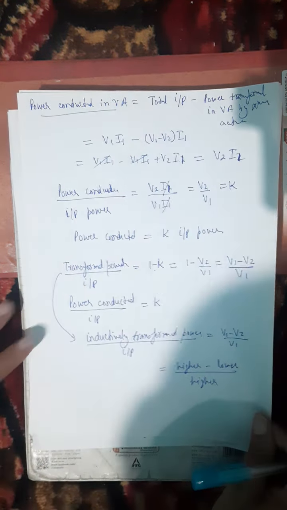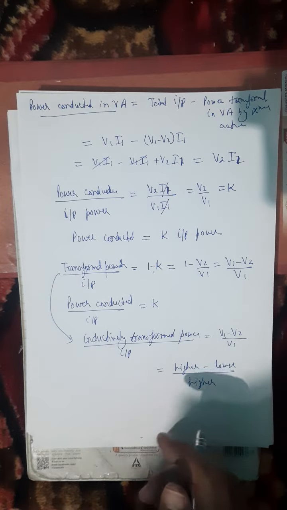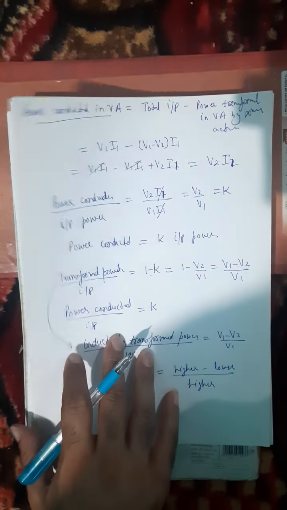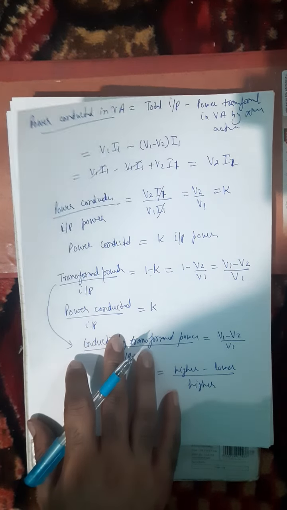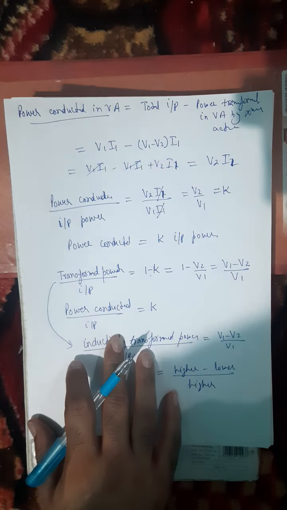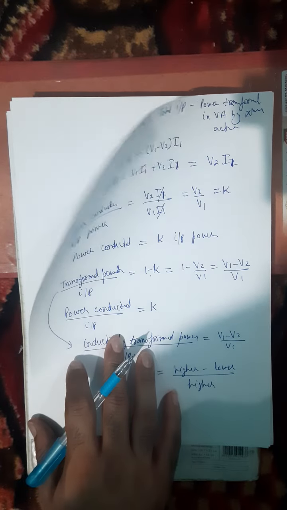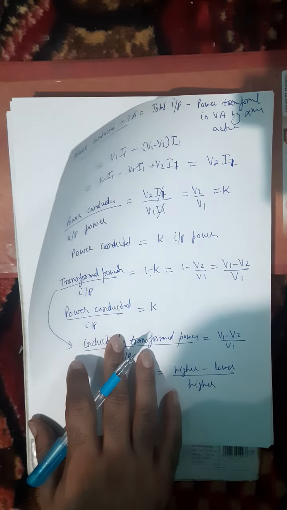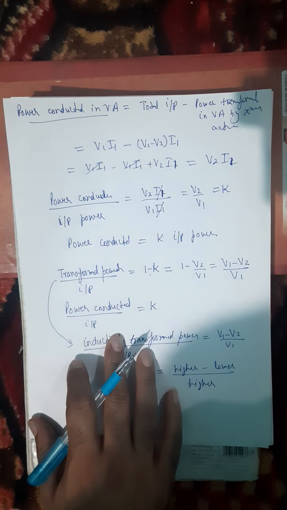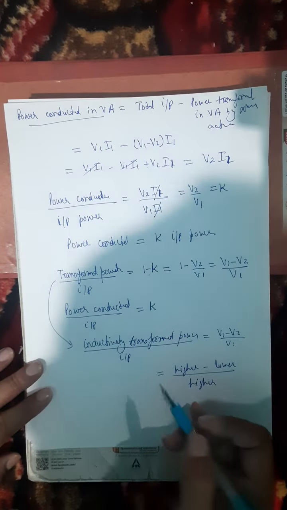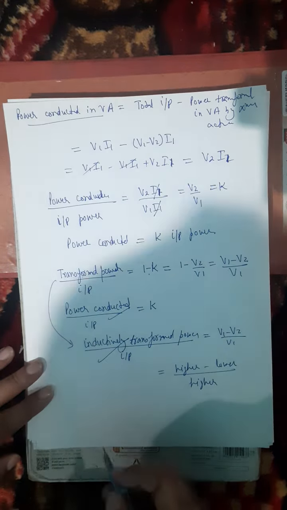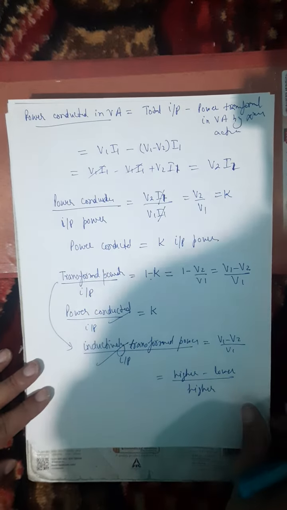Got it? So I told you that in an auto transformer, power is transferred inductively, or through transformer action, in the winding AC, and the remaining power that is to be given to the load is transferred conductively. So we have conductively transferred power and inductively transferred power, and the total power is nothing but a summation of the two.